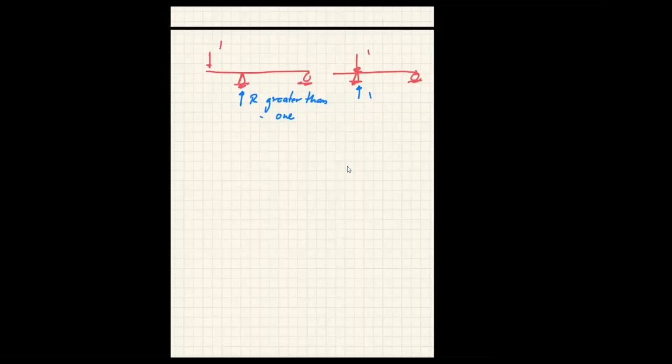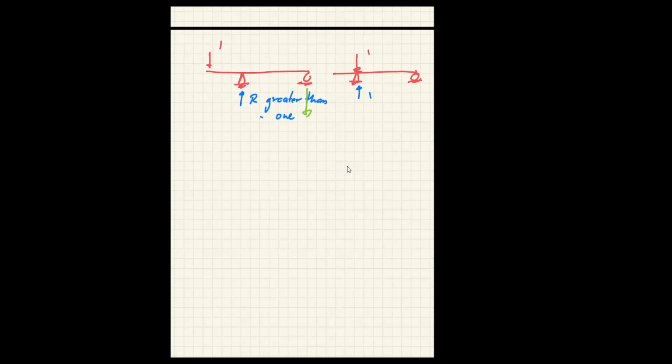When we come back here, when you have the unit load out here like this, because of the seesaw effect, this reaction has to be greater than 1, but in turn, this reaction would have to be downward, so that in the end your sigma Fy is okay.